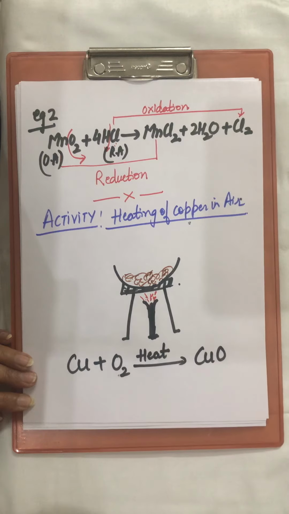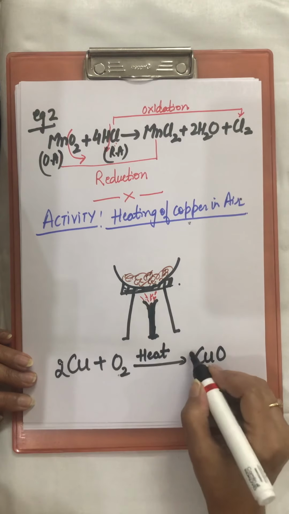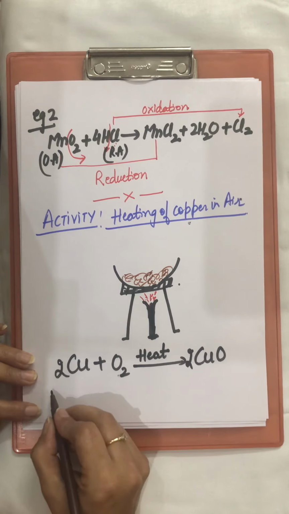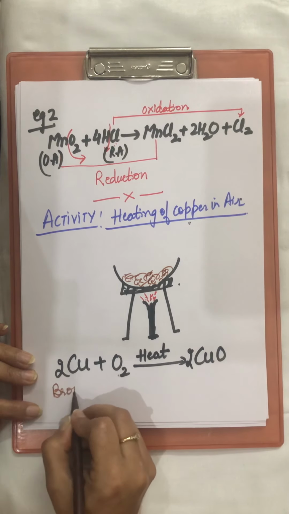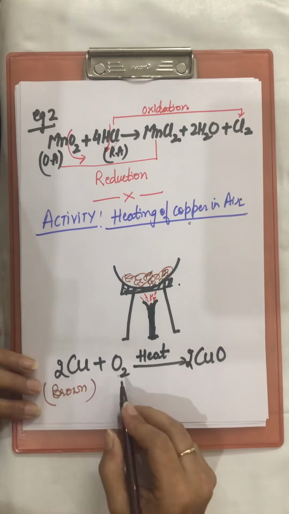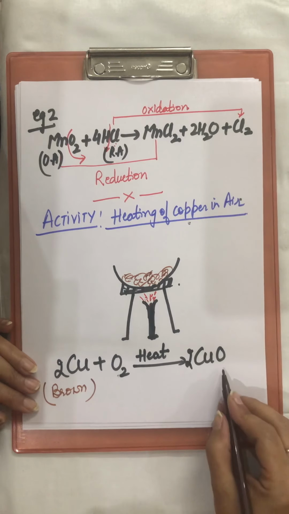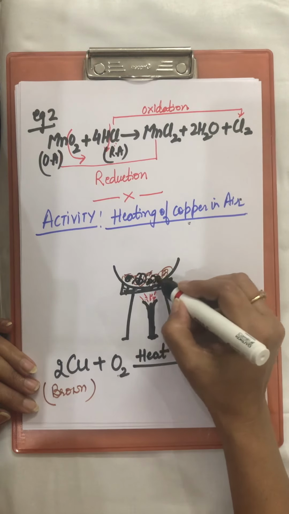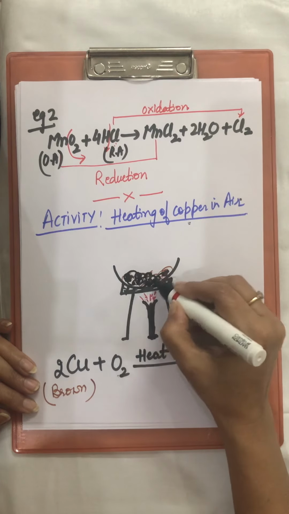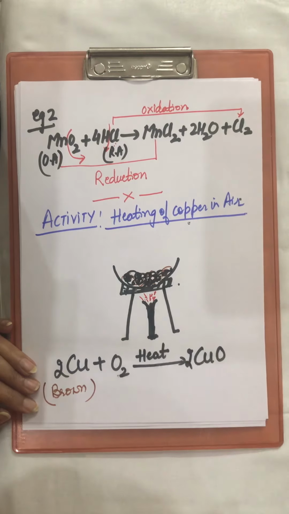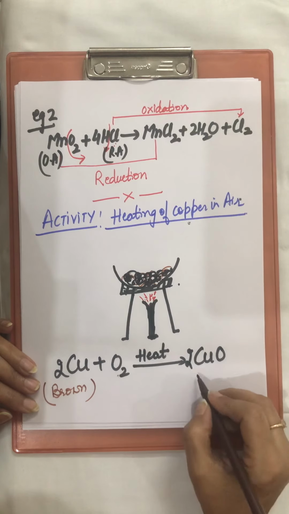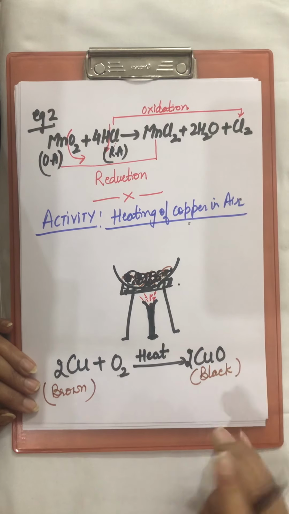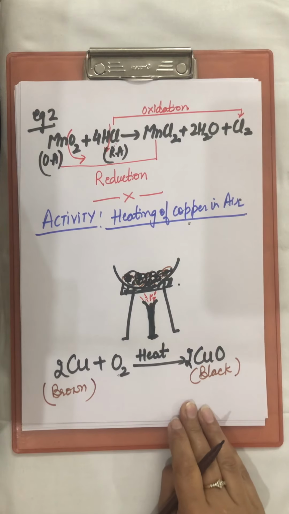Copper changes to copper oxide. On heating, the reddish brown color will change to black color, because copper oxide is of black color. This is what happens on heating copper.